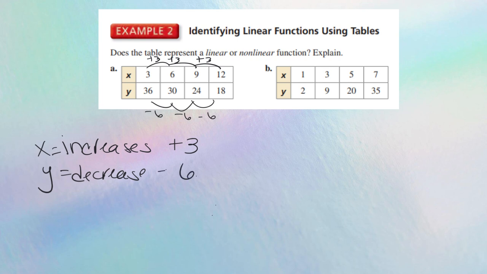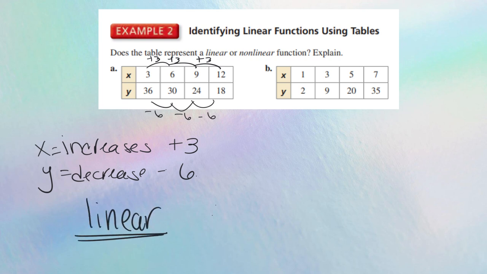Is there a constant rate of change there? Is my 3 happening constantly as each input goes through? Is the Y, my outputs, constantly changing by -6? So that's going to be linear.